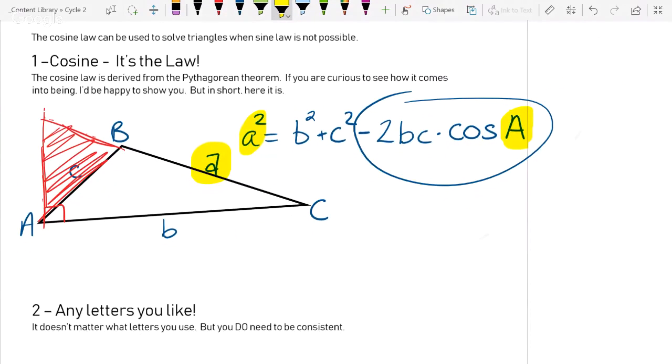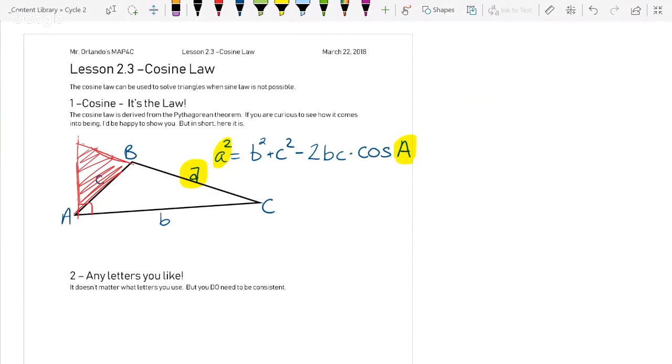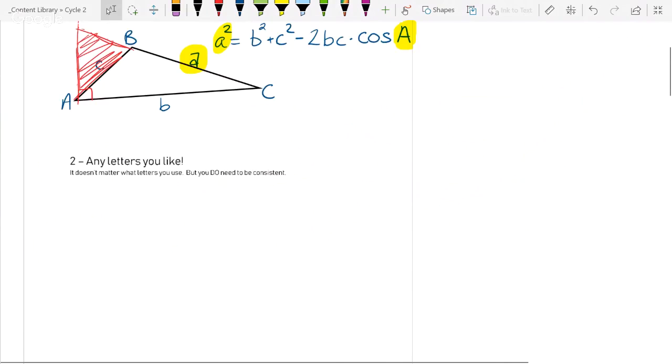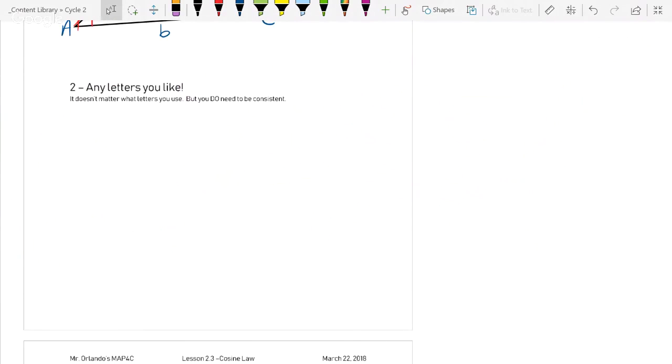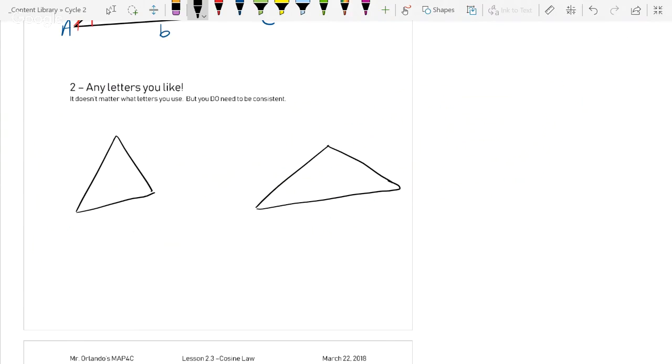But again, it shouldn't be limited to A's, B's, and C's. You should be able to do it with anything. So I want you to make two triangles. I'm going to draw the triangles. And I want you to label them with any old made-up letters. Don't use A, B, and C. And I want you to write a cosine law to find how long this side is and how long that side is.